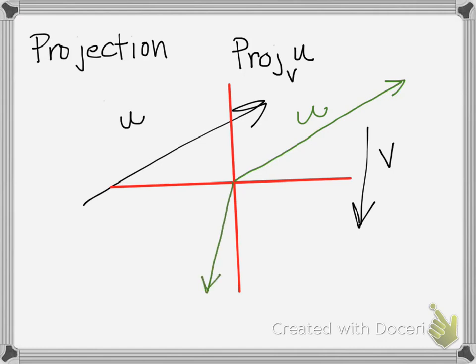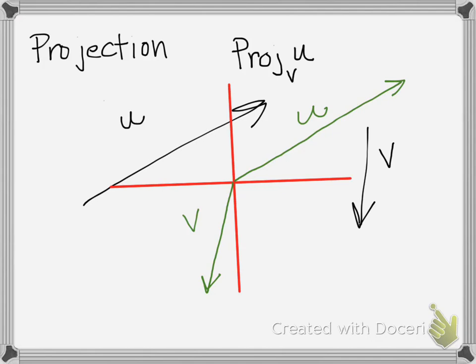So there's vector v. Now I want to find the projection of u onto v. I've actually chosen probably not the best initial example here, but I'll just use the definition, and then I'll give you another example that maybe is a little better.